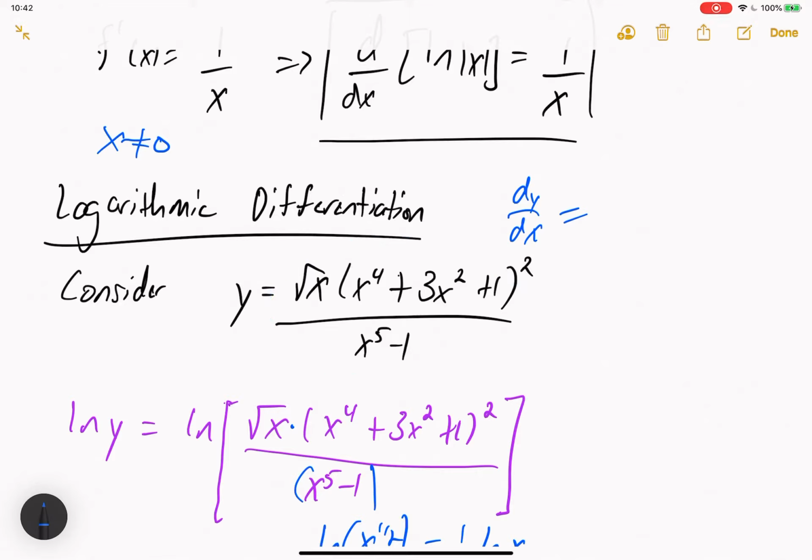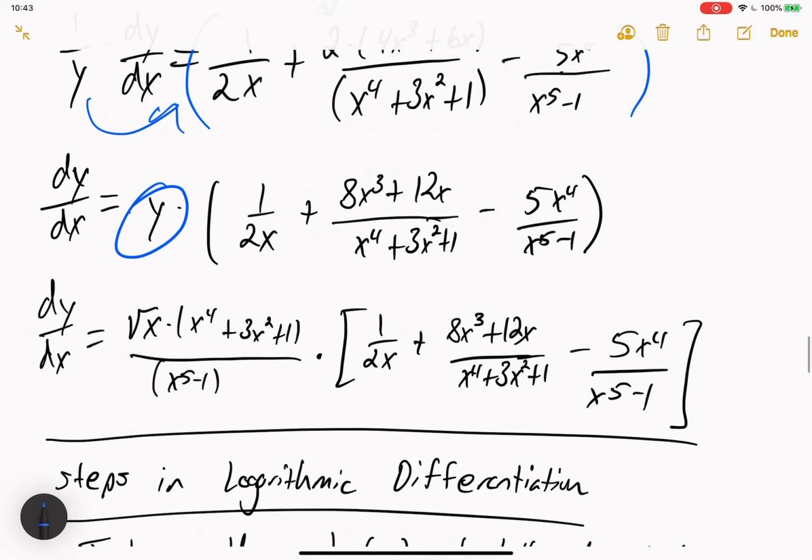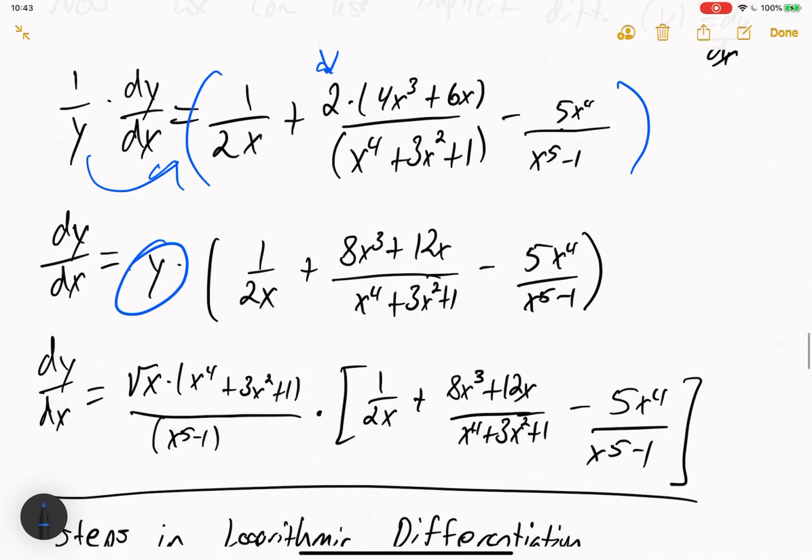So on one side you'll have just y's, on the other side you'll just have x's. So typically, whenever you look at your final answer, you don't want dy dx with a y in it. You would typically want to replace that with what it actually is.